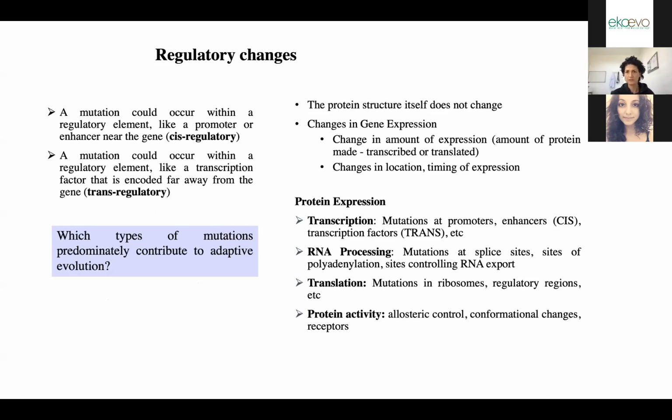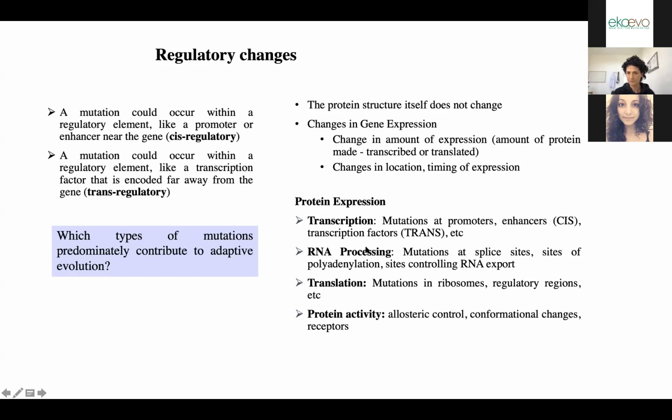It stays the same, but the expression level of the protein changes, because the regulatory part of the gene changed. It can increase the expression, decrease the expression, or change the timing of the expression. So the effect of this regulatory change can be like that.